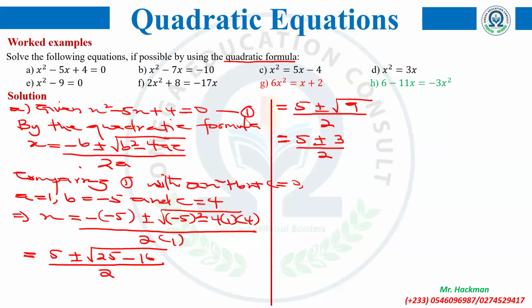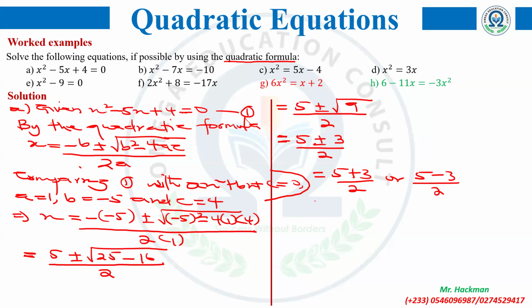Most likely we are supposed to get 2 values. So this is how you interpret this. You don't end here. So my next step will be equal to 5 plus 3 over 2, or remember it's plus or minus, so it will be 5 minus 3 on 2.